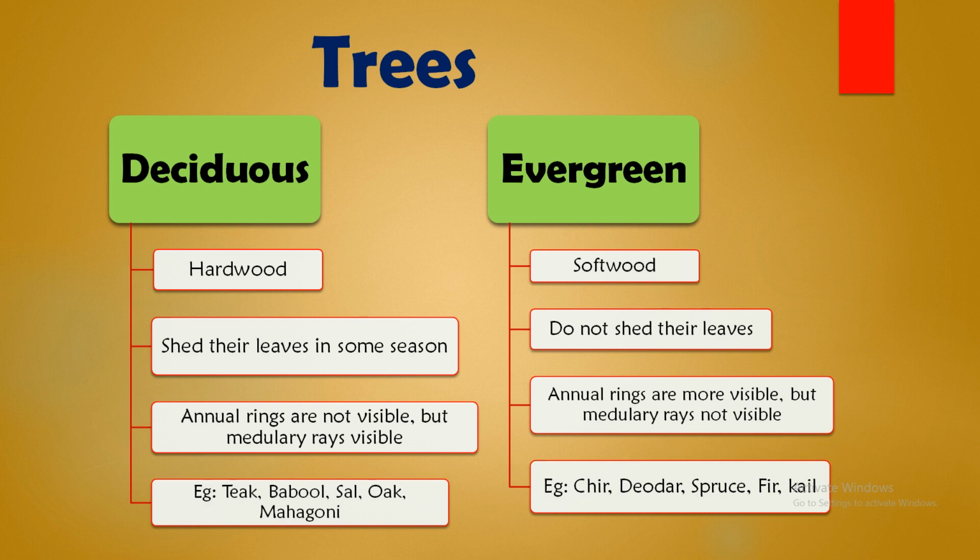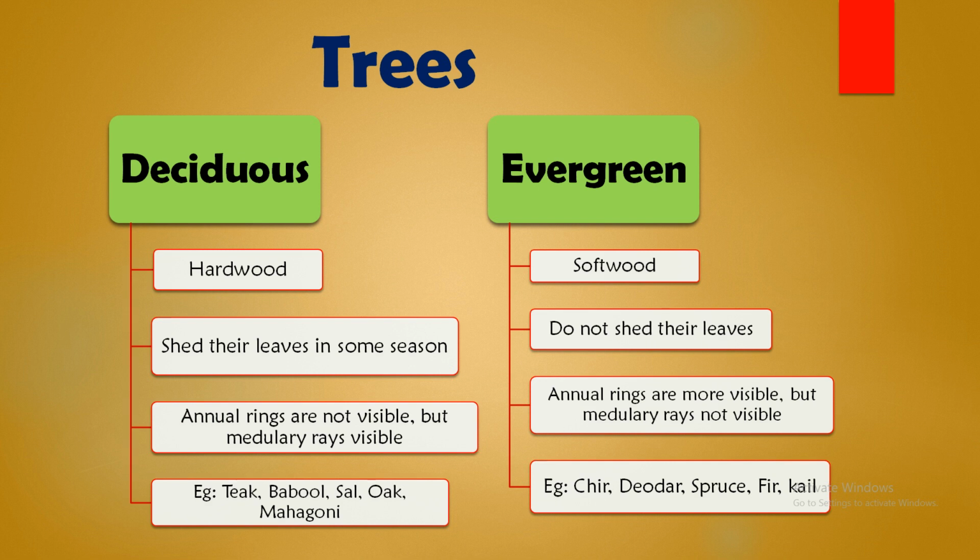Usually the deciduous trees are hardwood. The annual rings are not visible, but the medullary rays are visible. And in evergreen trees, annual rings are more visible, but the medullary rays are not visible.